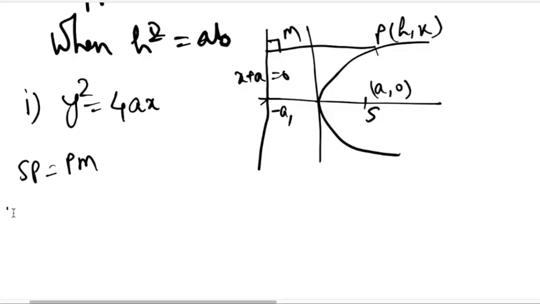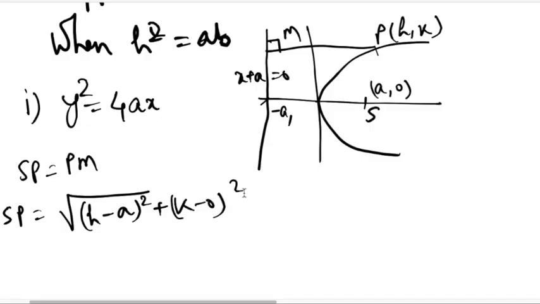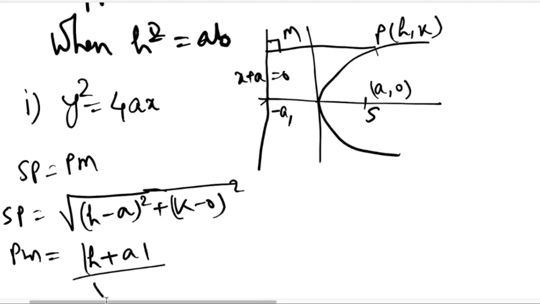This is S, this is P, this is the perpendicular distance. So by our earlier definition SP equals PM, we take P as h comma k. SP will be the square root of h minus a square plus k minus 0 whole square. PM will be modulus of h plus a divided by the square root of 1 square plus 0.